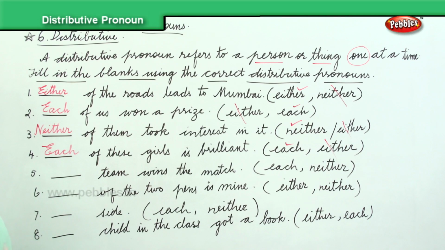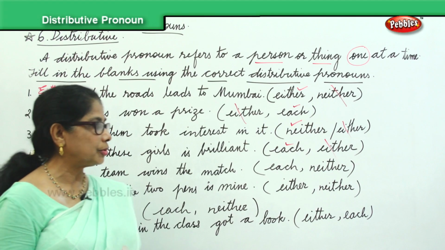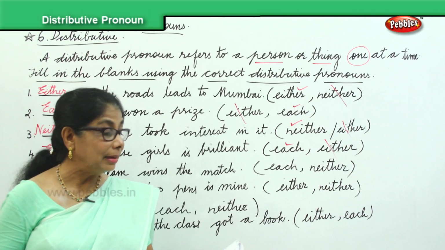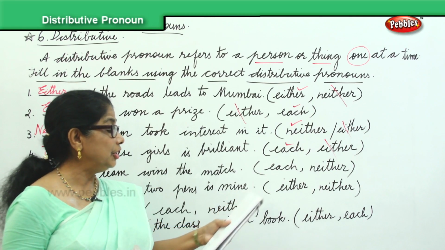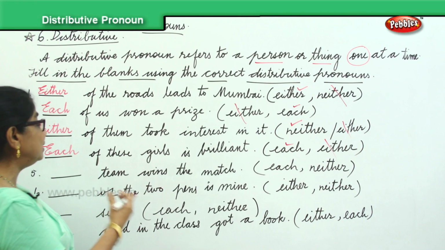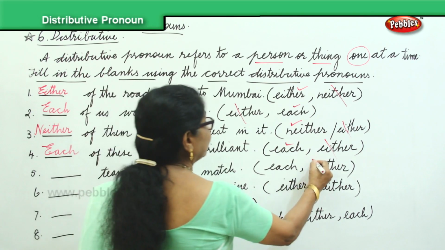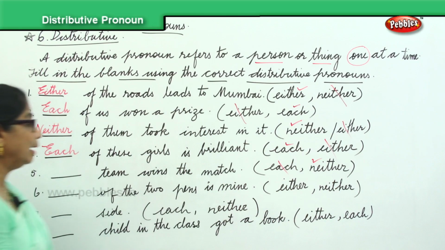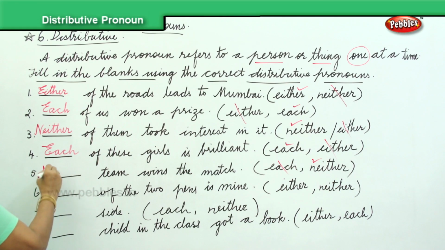Next one. Dash team wins the match. Neither, each. You can say neither team wins a match. Nobody is winning. Okay, neither. Neither team wins the match.